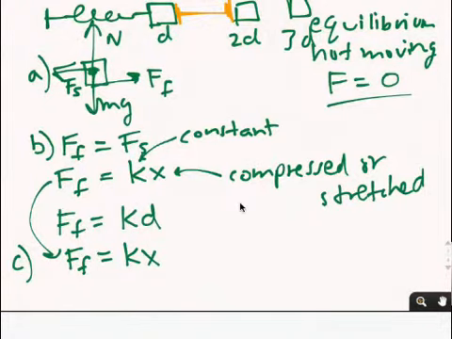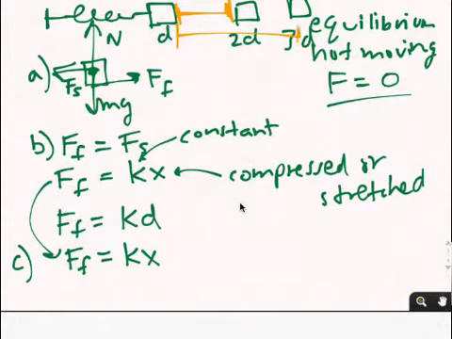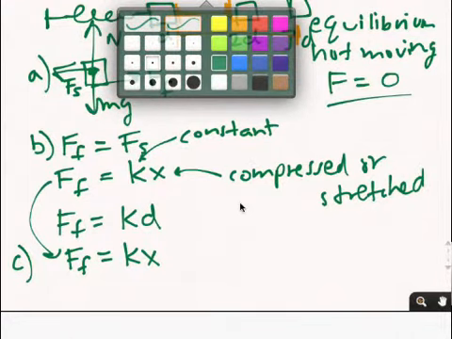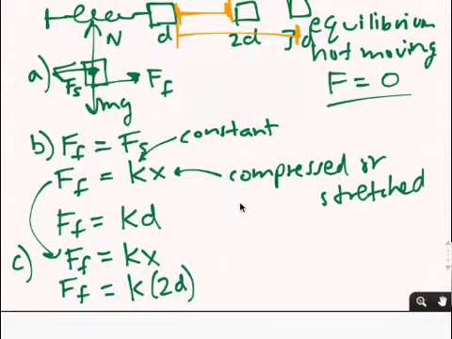Now you've stretched it 2D because it went from D all the way to 3D, so that's a distance of 2D that it was stretched. So your force of friction will be K times 2D. Force of friction is mu times the normal force.